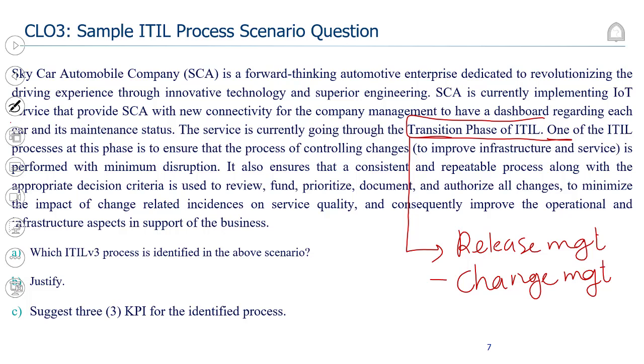It also ensures that a consistent and repeatable process is used to review, prioritize, document, and authorize all changes. Okay, so you can see we're talking about authorization of changes. So definitely it is change management. So that will be change management.